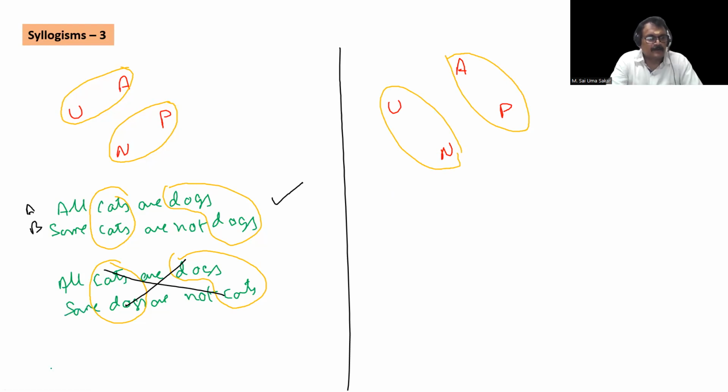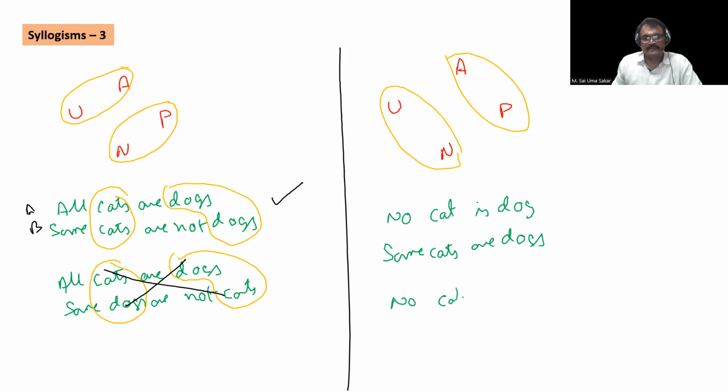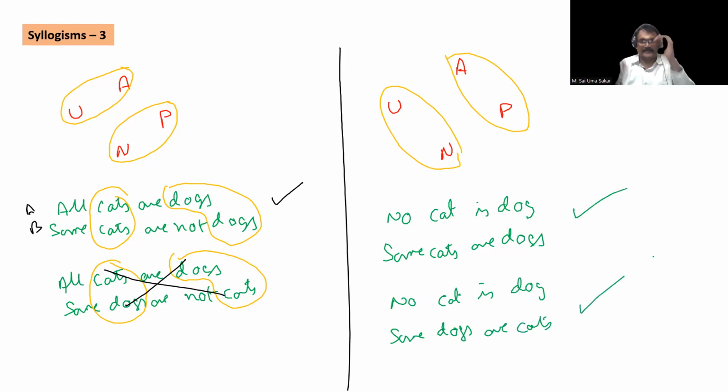Now, the conclusion is universal negative: no cat is dog. Particular affirmative: some cats are dogs. Next, no cat is dog. Next, some dogs are cats. In this case, both are valid.